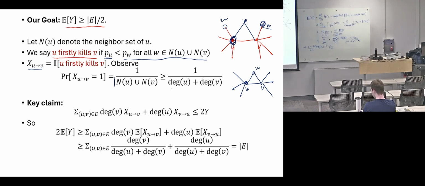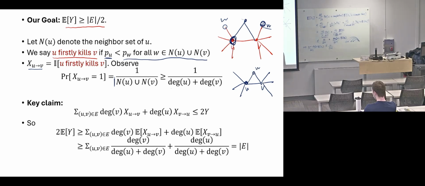So this is like 2 times the expectation of y, and the expectation of this whole thing. And by linearity of expectation, we can just put expectation here and here. But the expectation of this guy is just at least this.